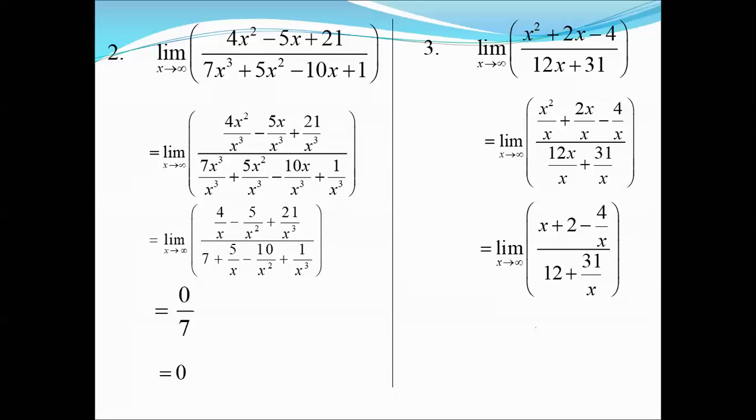Now whenever x tends to infinity, in the numerator 4 by x tends to 0, 2 tends to 2, but x tends to infinity. So this one is infinity, plus 2 minus 4 by x, whose limit is 0, divided by 12 plus 31 by x, again its limit is 0, that is simply 12. So we get infinity plus 2, that is again infinite. Infinite upon any term is again infinite.